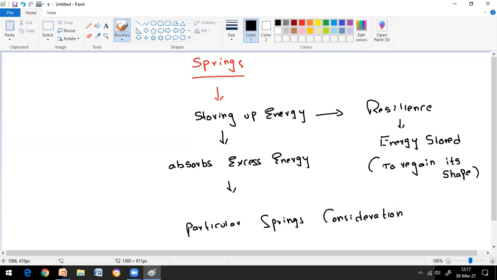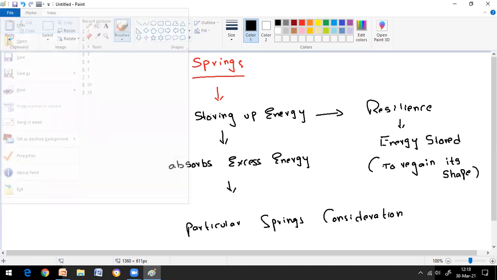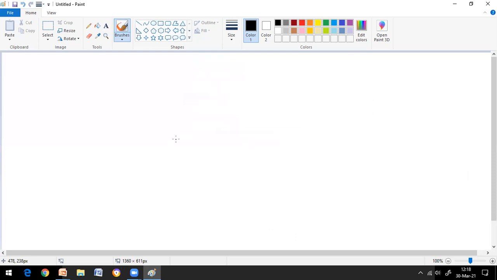Strictly speaking, all forms of elastic bodies such as struts, ties and beams are all springs, as they have the resilience property. Why? Take a strut, a tie member, or a beam member.